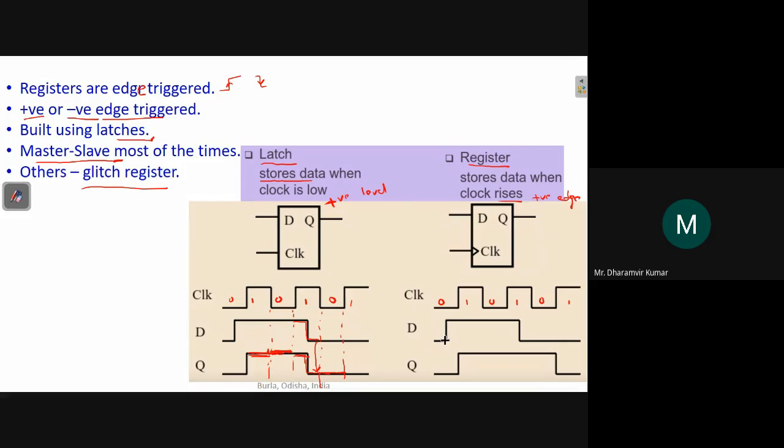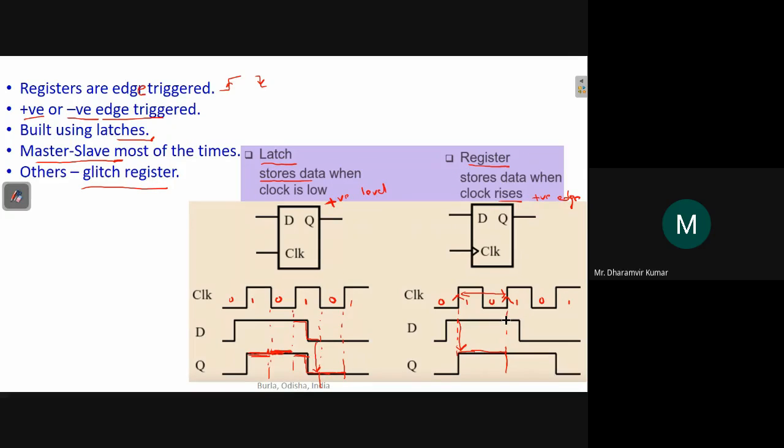So it captures data at rising edge. When clock is rising from 0 to 1, at this instant of time, whatever is the value of D will be captured here, and this value is maintained for the rest of the cycle. Again, this is rising edge.